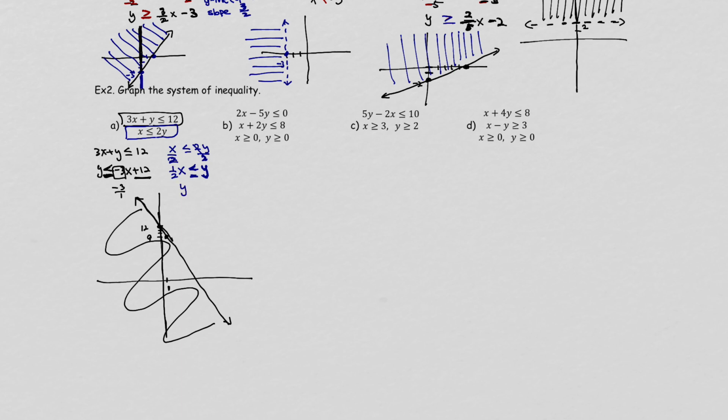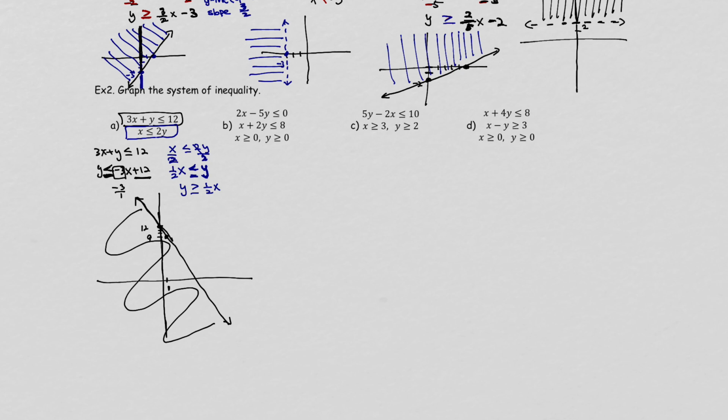Or if you wanted to, you can write it the other way around, just flipping it so you can read from left to right. You're going to have a y-intercept of 0, since you don't have any number added. Your slope is 1/2.